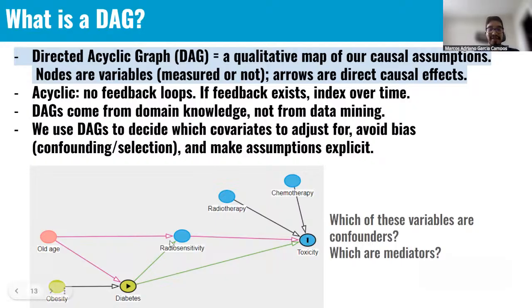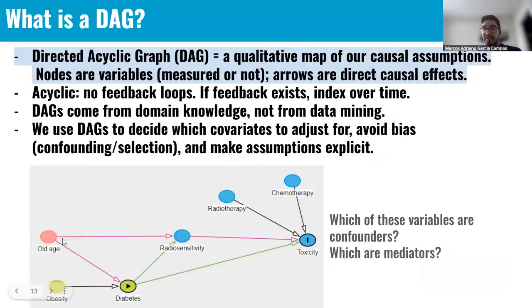So this is just mediating. It is just in the middle of the way. Radiosensitivity doesn't cause diabetes, but diabetes causes radiosensitivity, and radiosensitivity causes toxicity. So this is a mediator. And old age is different. It is causing both. Because of this, in this example, I just need to adjust for old age.